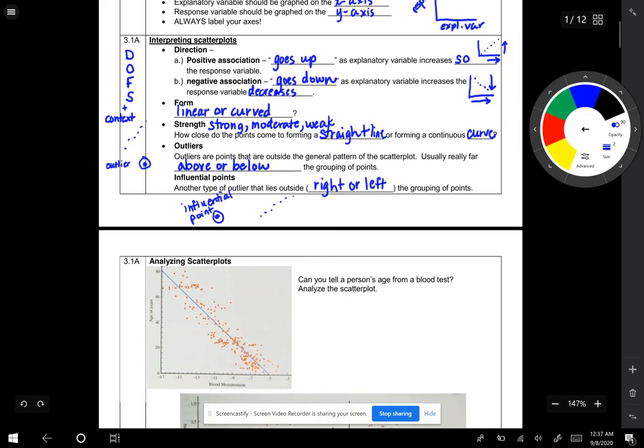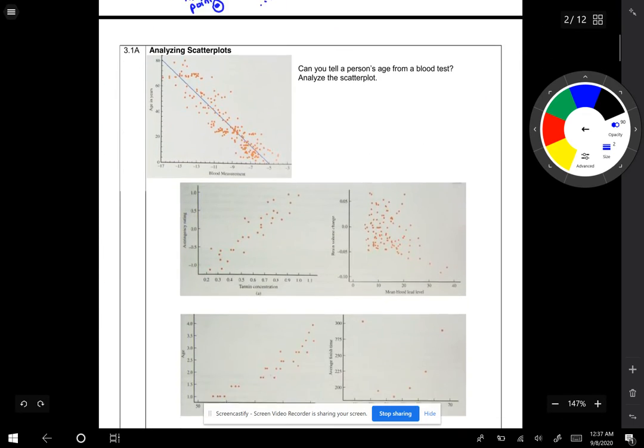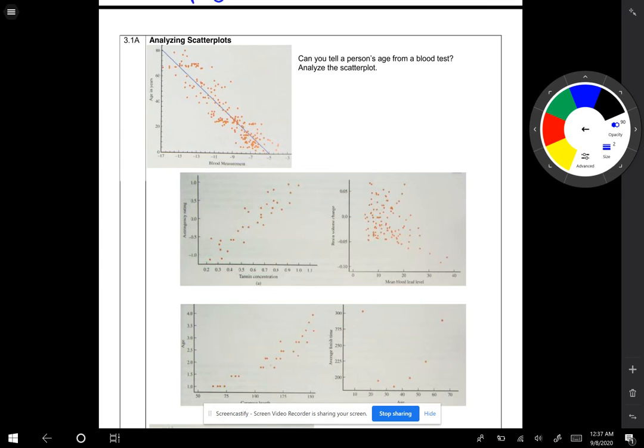All right, for the remainder of this section, we are going to interpret scatter plots. Can you tell a person's age from a blood test? Analyze the scatter plot. For this particular one, I'll go ahead and write down the acronym DOFS, so direction.